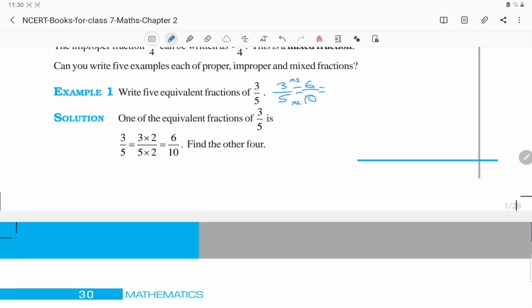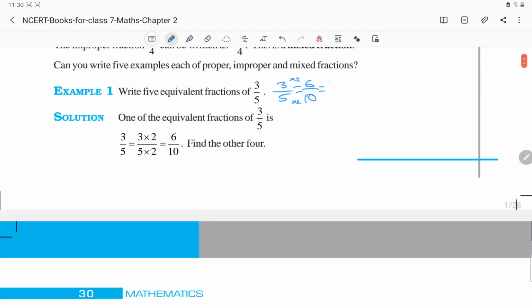That's one. Another example, 12 times by 2 again, 20. Times by 2 again, 24 by 40. Times by 2 again, 48 by 80.